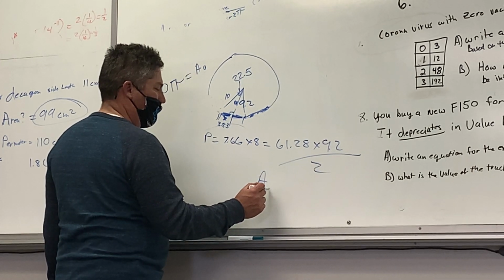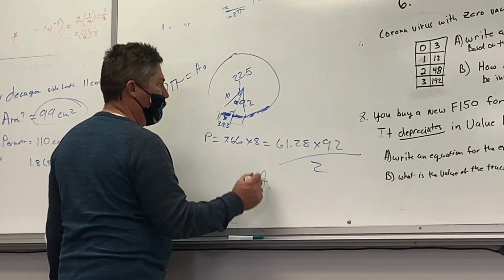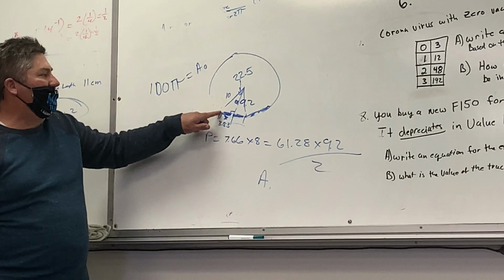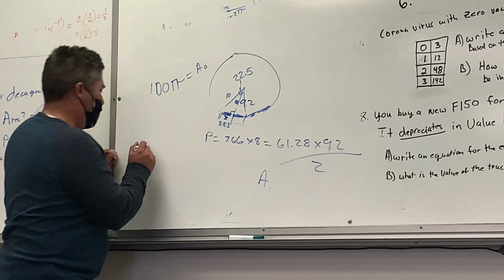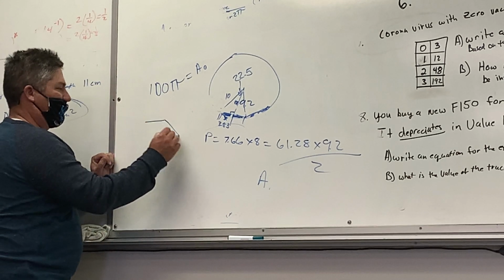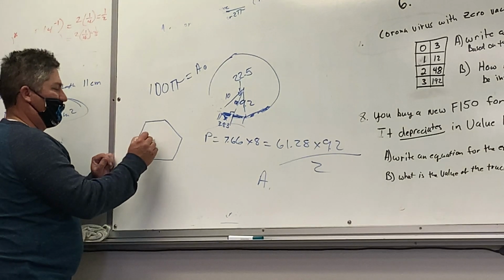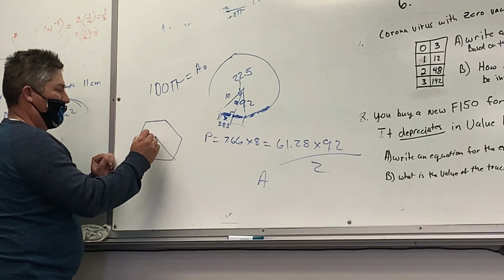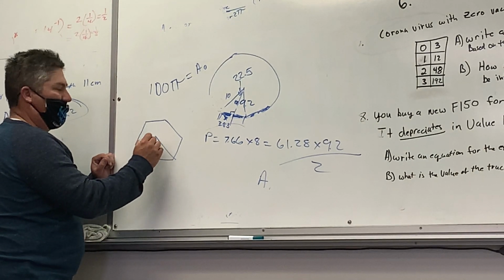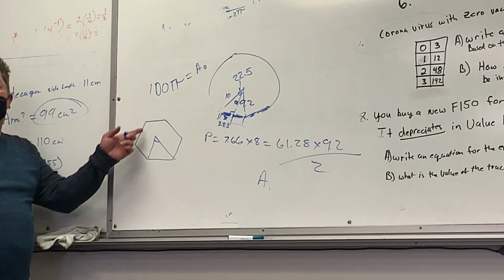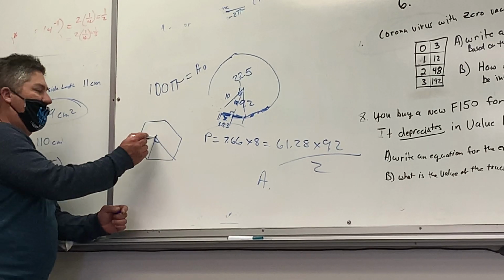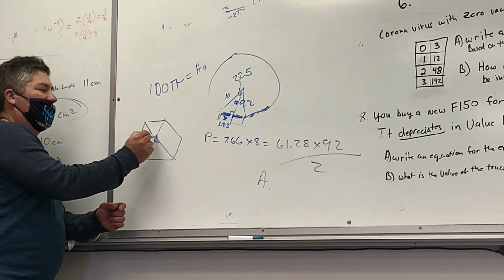Wait, so why is 22.5 the top angle now? Well, when I cut this into 8 parts, think about a hexagon again. It's literally the same answer that we have. It's going to be the same answer, but that's just because those two are the same. This angle up in here is really the central angle that you're dividing 360 by. How many of these are there? 6.